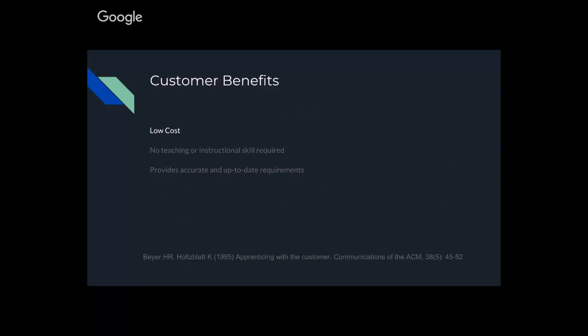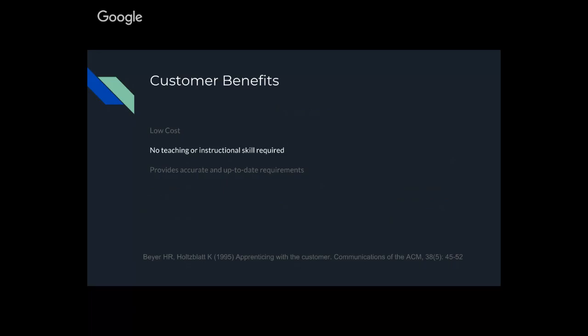it's a great way to get information, and the benefit of it is that it's low cost. There aren't a lot of resources needed aside from the training employee, who is not actually required to have some sort of teaching or instructional skill set.